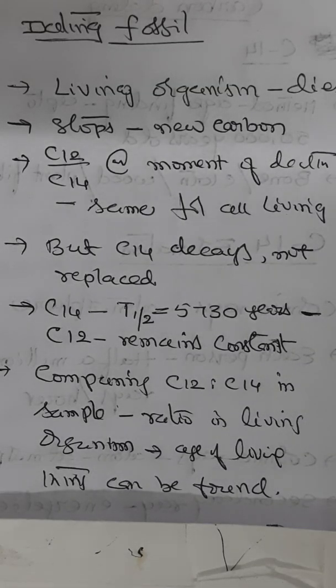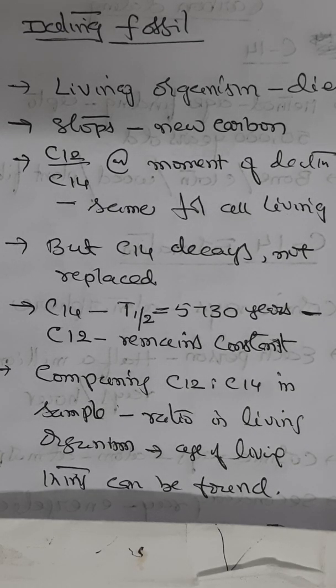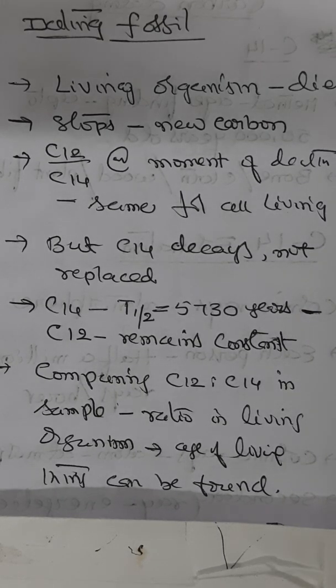Now let us look at dating a fossil. How can you estimate the age? As soon as a living organism dies, naturally it stops taking in new carbon. It can go on taking carbon as long as it is alive. The ratio of carbon 12 to carbon 14 at the moment of death is the same as for every other living being.